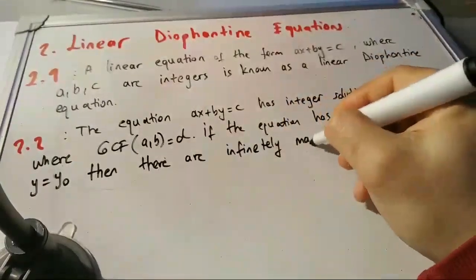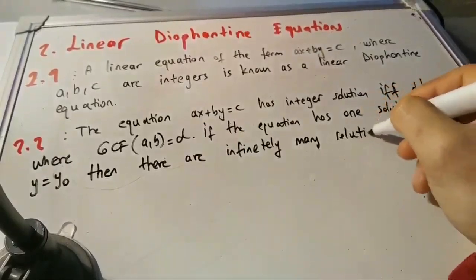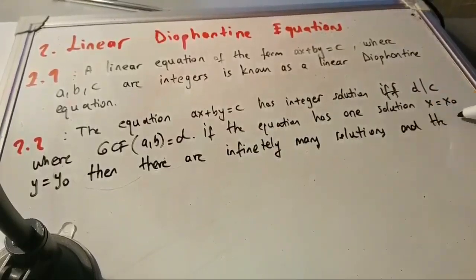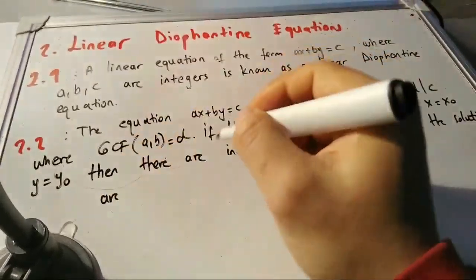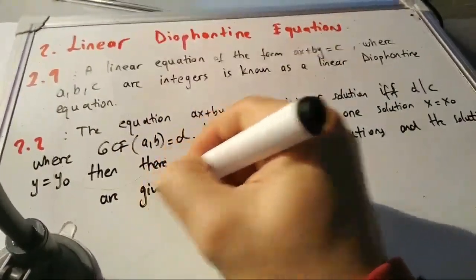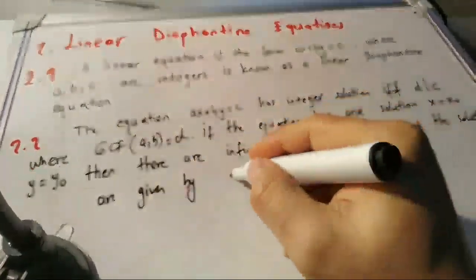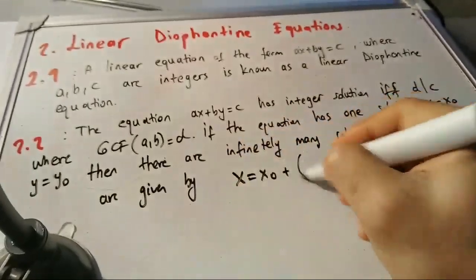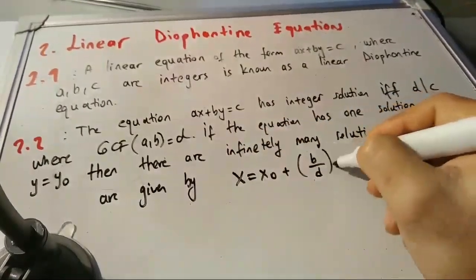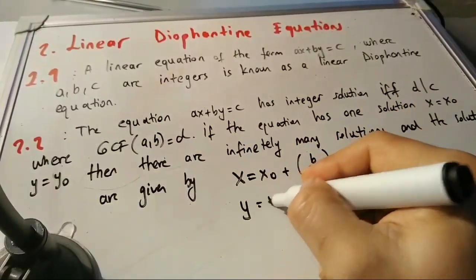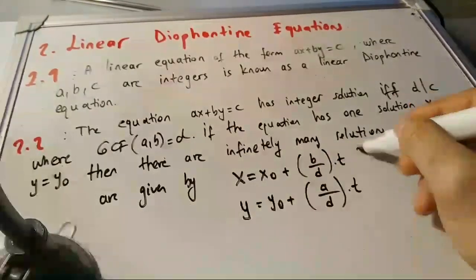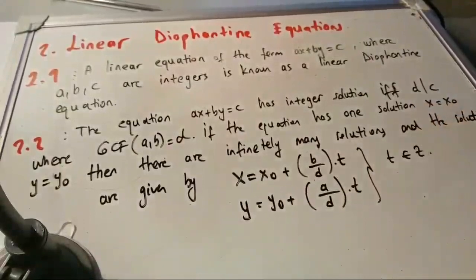And the solutions are given by, this part is very important, focus on it, x is x0 plus b over d times t, and y is equal to y0 plus a over d times t, where t is an element of the integers.